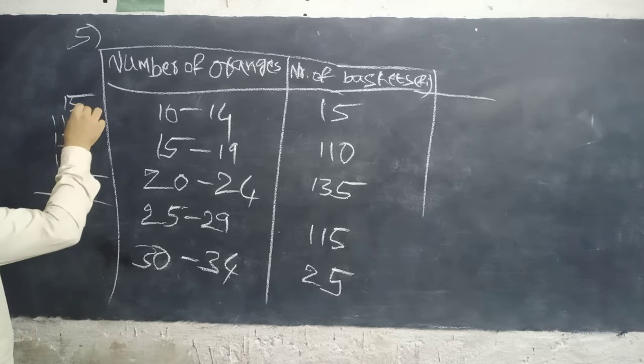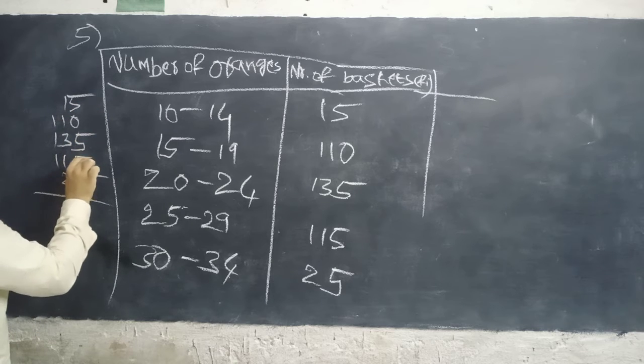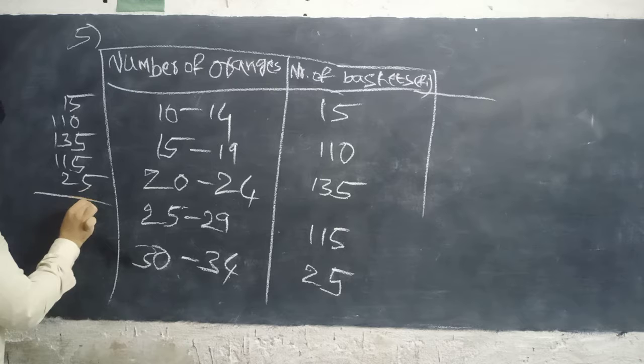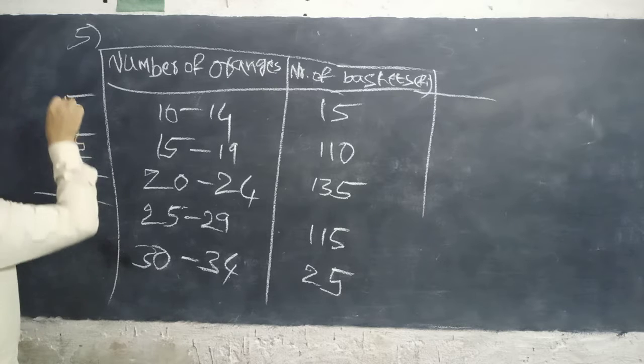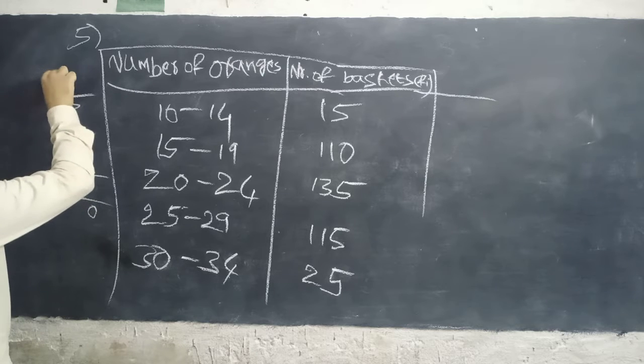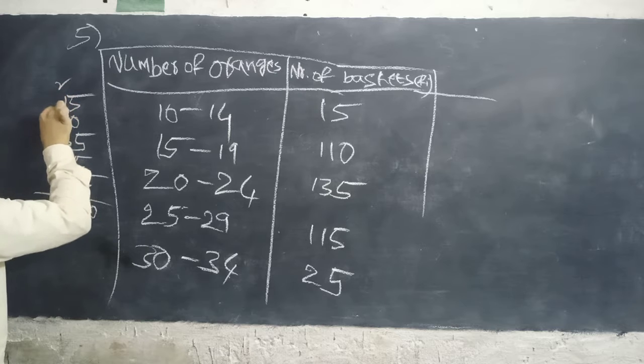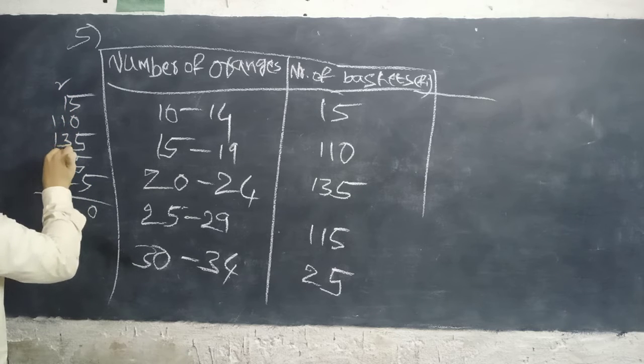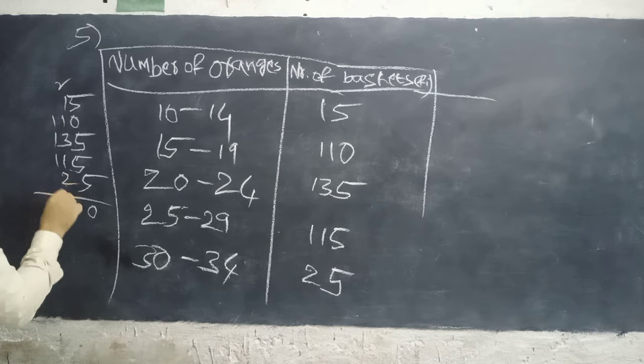Okay. Now 5 plus 5 is 10. 10 plus 5 is 15. 15 plus 5 is 20. 2 plus 1 is 3. 3 plus 1 is 4. 4 plus 3 is 7. 7 plus 1 is 8. 8 plus 2 is 10.